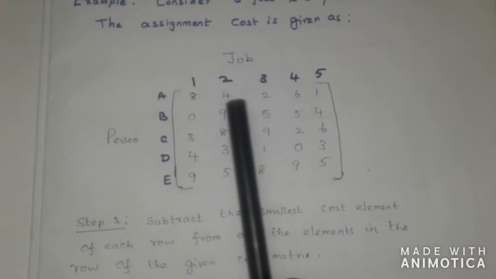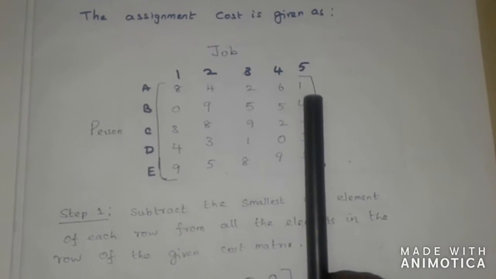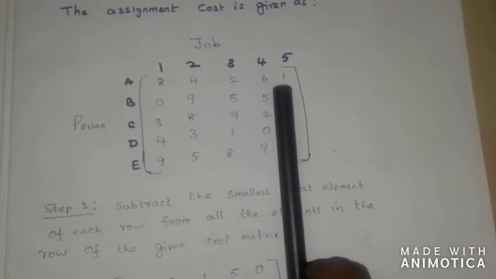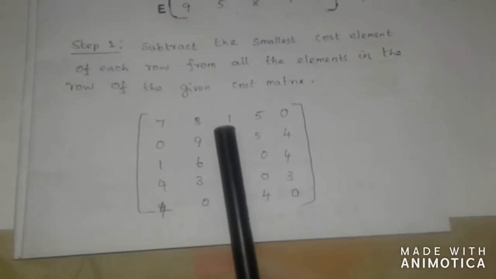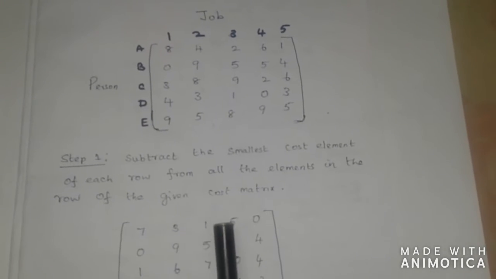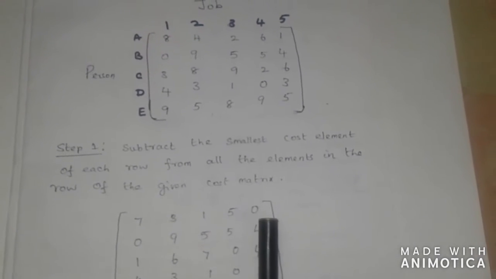So when you consider the problem, in the first row 1 is the smallest element, so all the elements in the first row are reduced by 1 and we get this result: 7, 3, 1, 5 and 0.